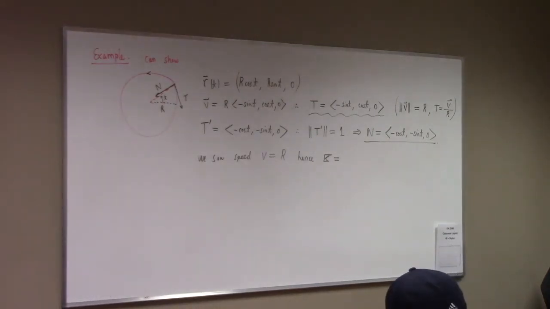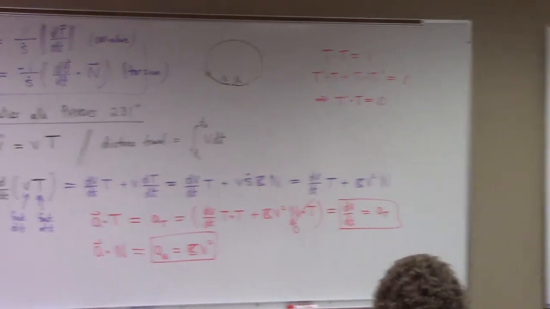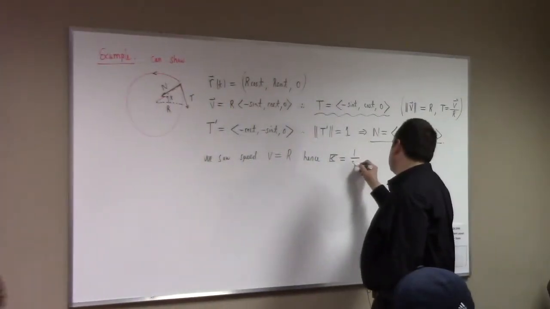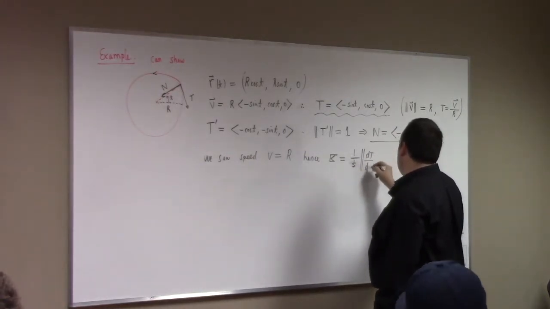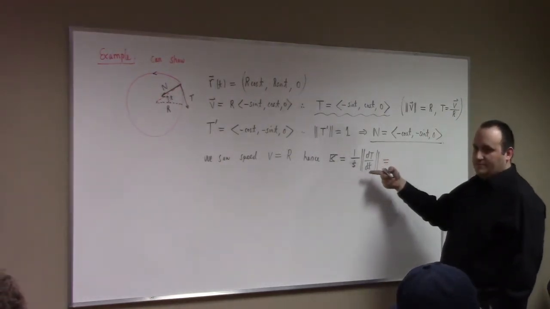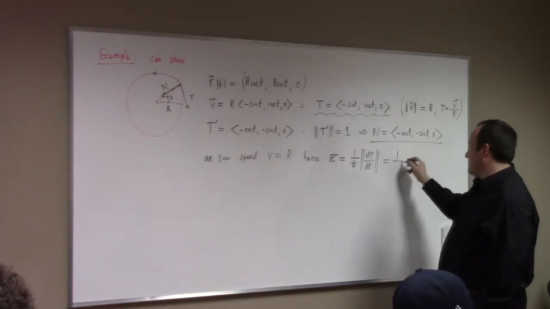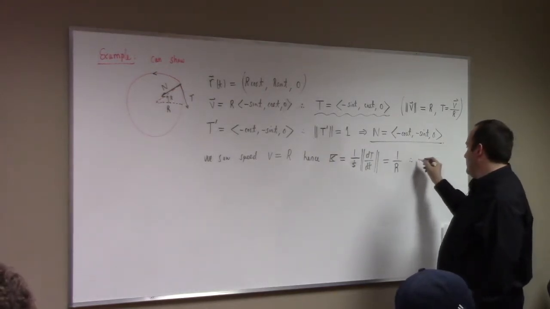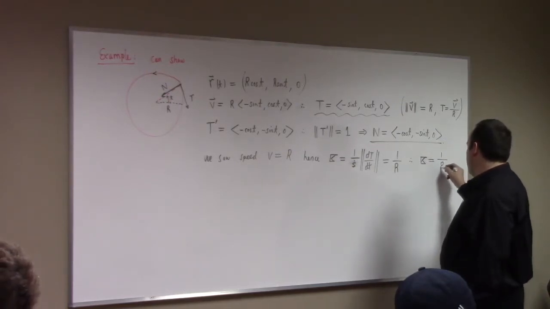We do 1 over the speed, s dot, times the magnitude of dT/dt, which, well, T prime is just length 1, so this is just 1 over the speed. The curvature, of course, is 1 over r. It's constant, and it's the reciprocal of the radius.